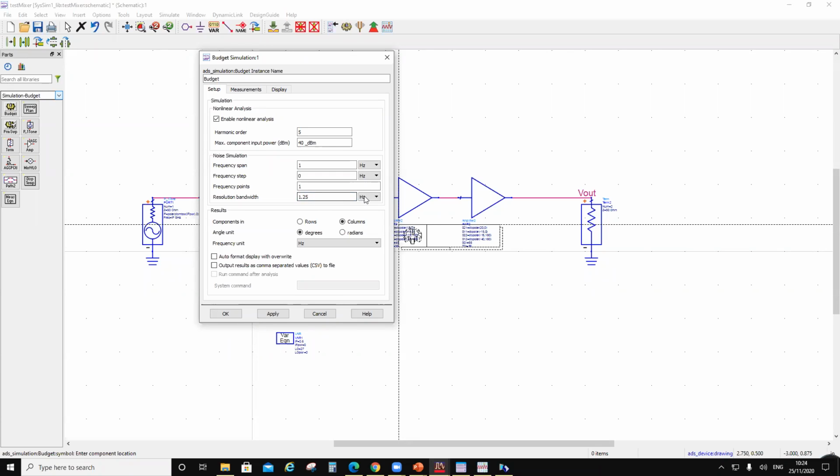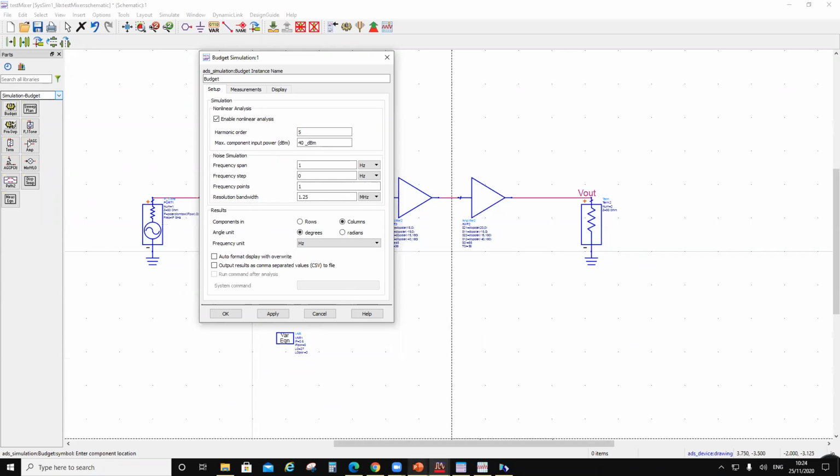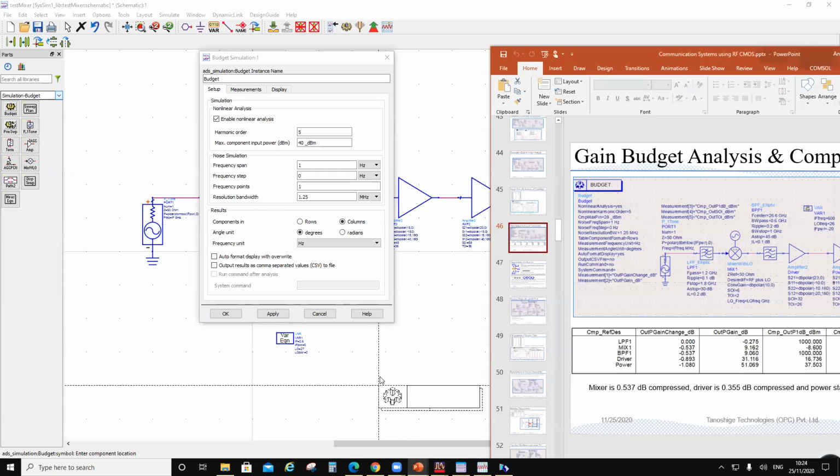So 1.25 megahertz, for example. You can put kilohertz also. It depends on the spectrum you are going to integrate power over. This is your resolution bandwidth, same as in your spectrum analyzer.